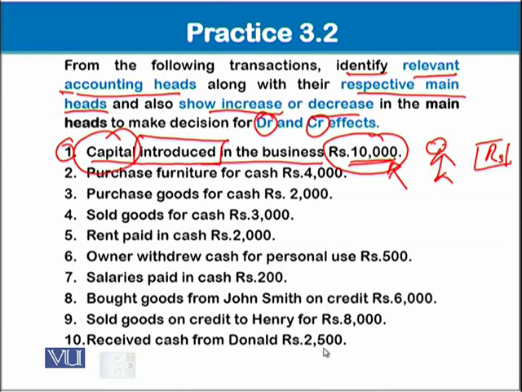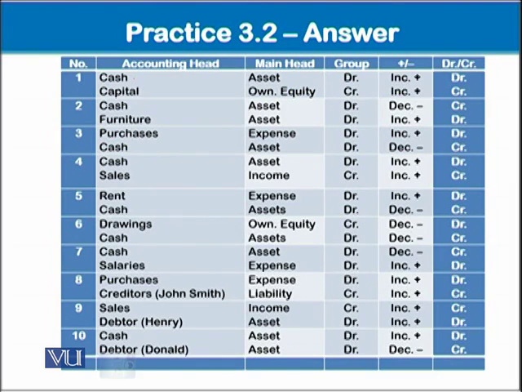So when we analyze this, it would be giving us two accounting heads, one cash and one capital. Relate each accounting head with its main head. Cash is asset and capital is owner's equity. And then recall the group. Asset belongs to debit group and owner's equity belongs to credit group.